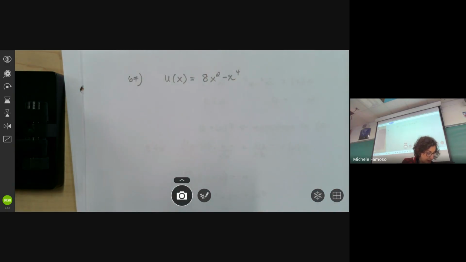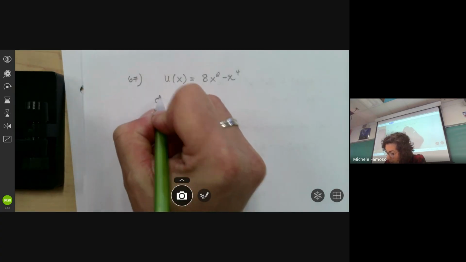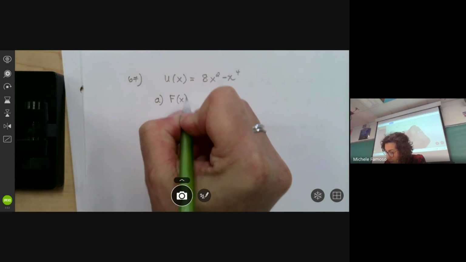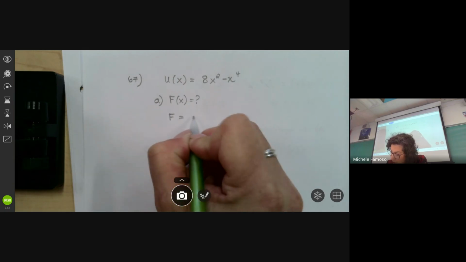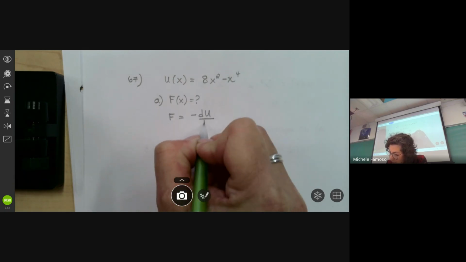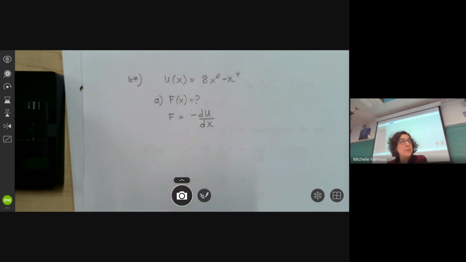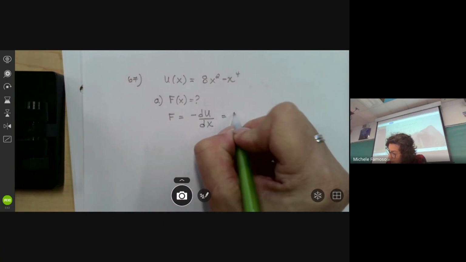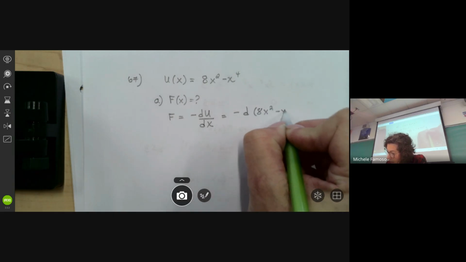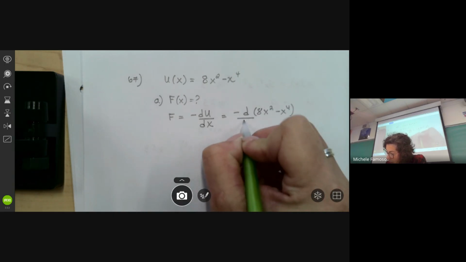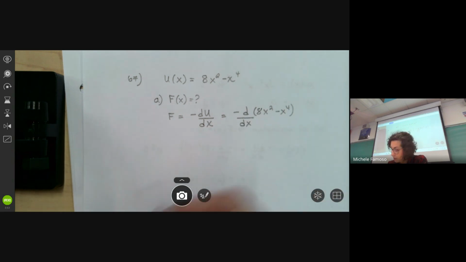And it then says, determine the force on this object in part A. So what is that force as a function of position? To get the force, you do the negative derivative of that potential energy with respect to position, which means I'm going to do the negative derivative of 8x squared minus x to the 4th power with respect to the position.